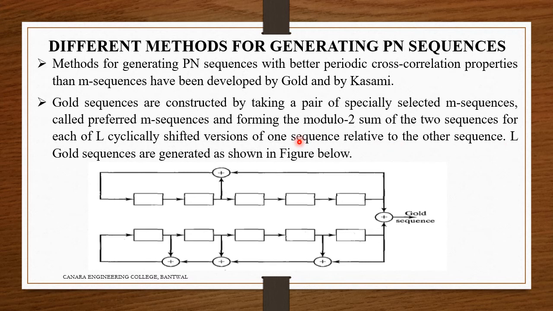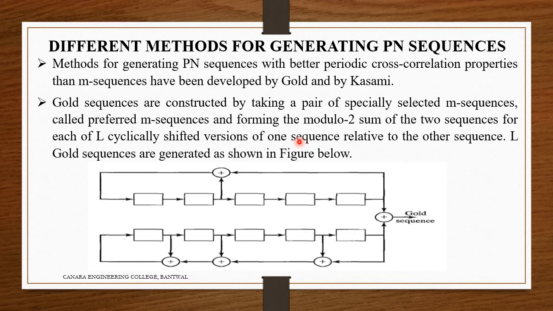So what it is telling us is that among the M sequences, we prefer only certain M sequences and form the modulo 2 sum of the two sequences. We select two sequences and form the modulo 2 sum of them, with each one an L cyclic shifted version related to the other sequence.